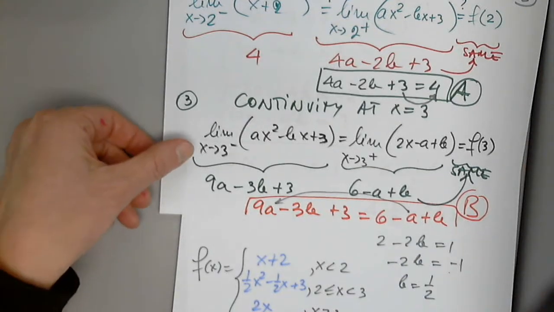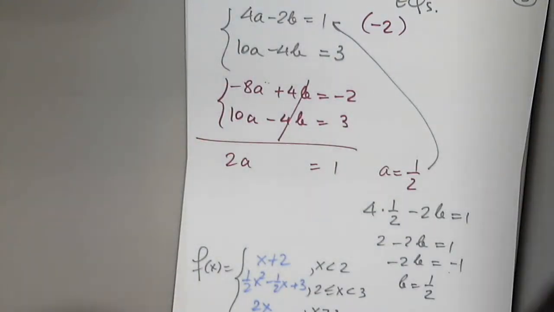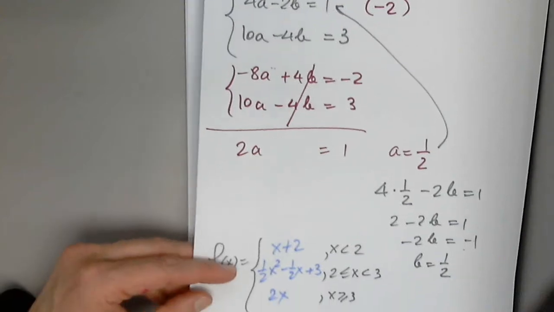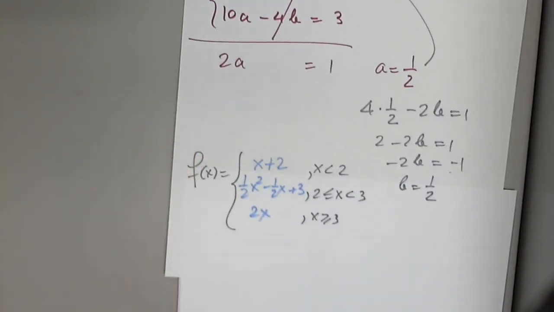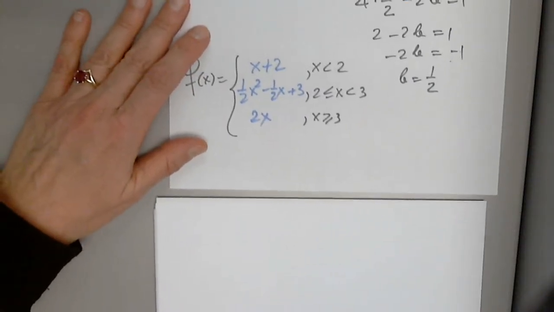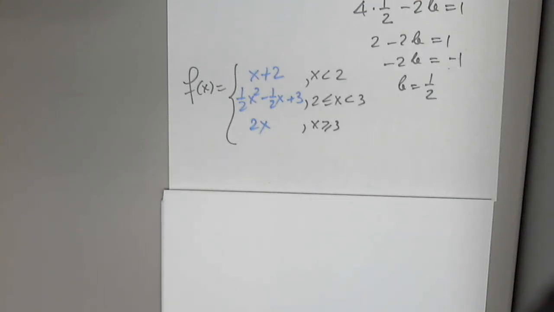Yes, Vanessa. Can we do a similar example? Yes, we can, but maybe a little bit later, because this is just a long procedure. It's a repeat of the same thing: limit from the left, limit from the right, and the function value. They're all the same. I don't have another example handy with 3 branches, and I cannot make one up in 3 seconds.